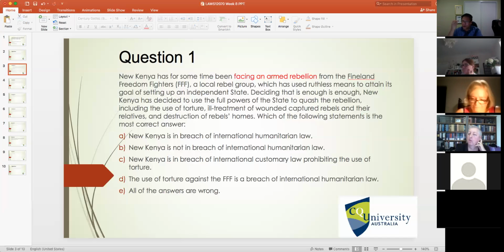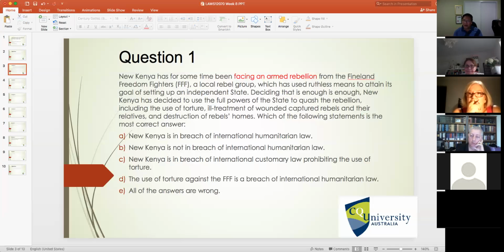So in that case, not only do you have an army, you also have a de facto civilian government controlled by an armed rebel group. In that case, international humanitarian law will apply, regardless of whether or not there is actually consent on the part of the rebel group. The point being that when you have these types of non-international armed conflict, the rules of international humanitarian law are meant to apply as part of customary international law, not only in order to protect civilians, but also prisoners of war, as well as those who are wounded in the course of battle.